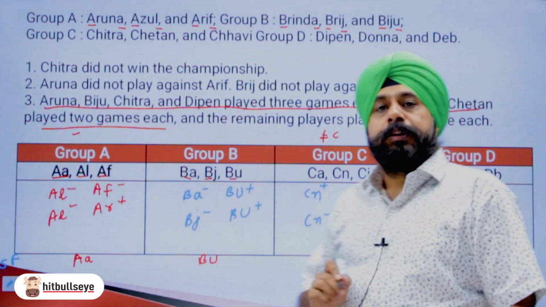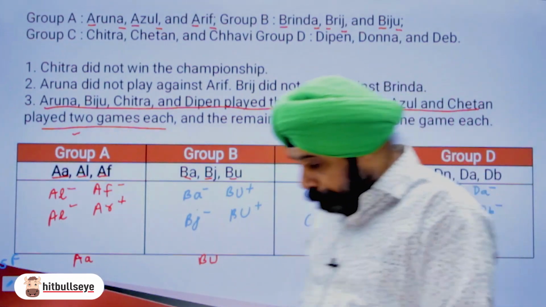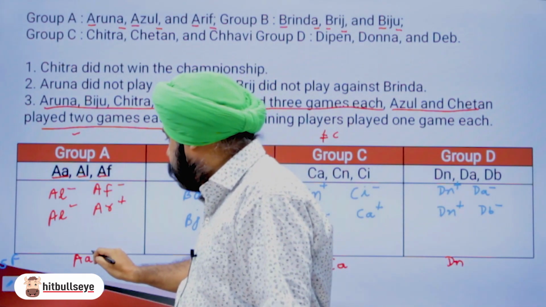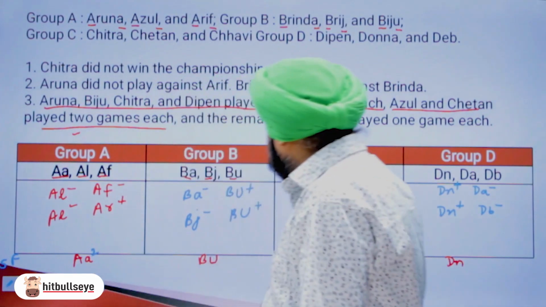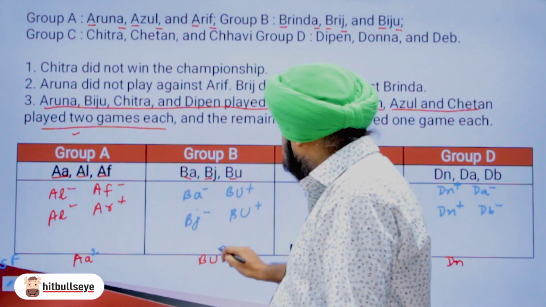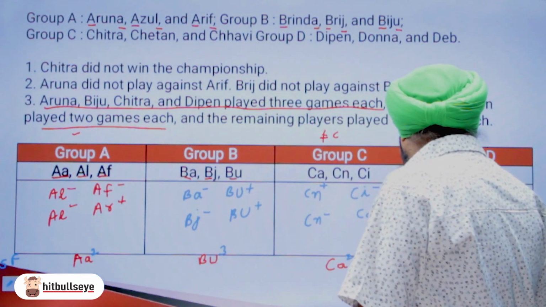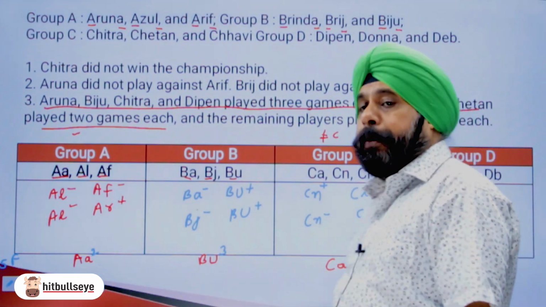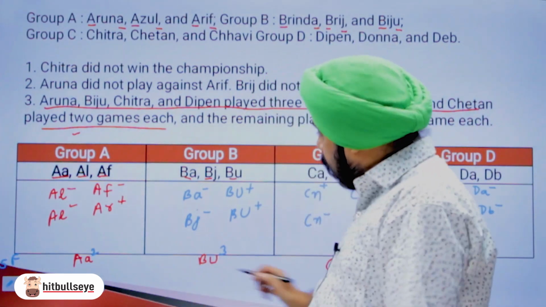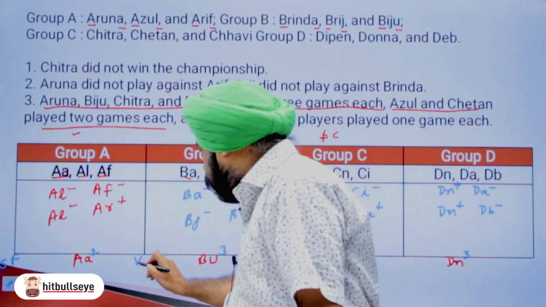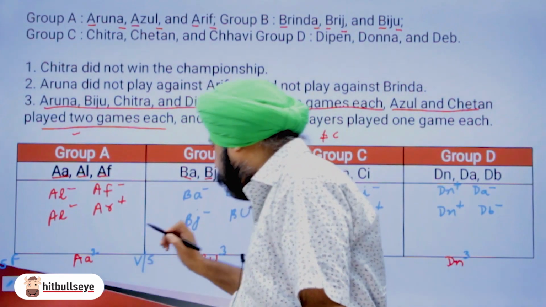So people, we have the 4 semi-finalists. Now, mind it, AA has so far played only 2 games. This is its second game. BU's, this is third game. CA's, this is second game. And DN, this is third game. Now, DN and BU have played 3 games only, and AA and CA as well, people, and as the question specified, they are playing between themselves.